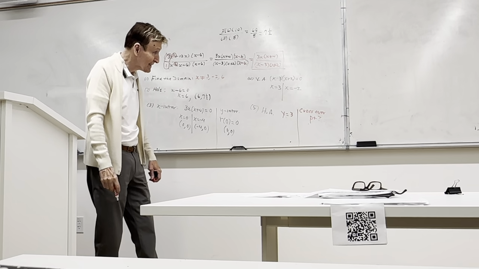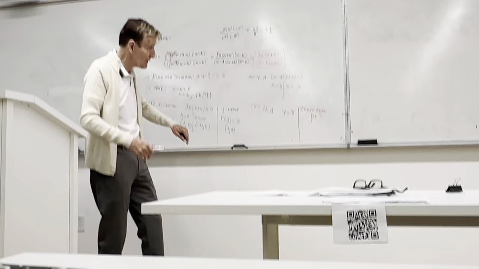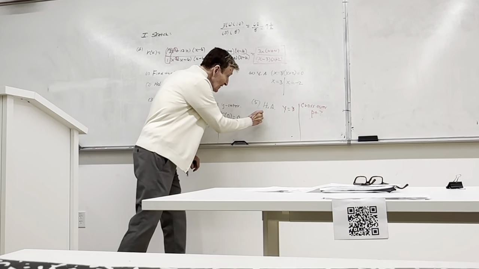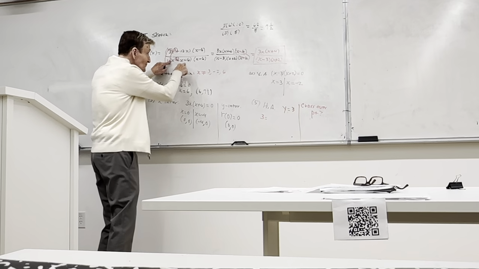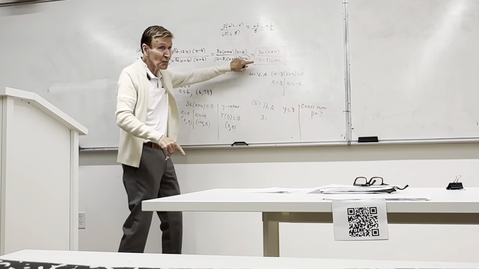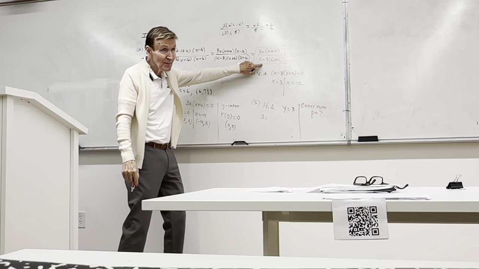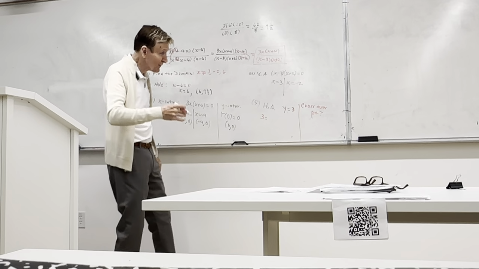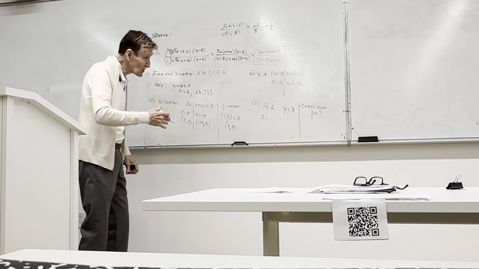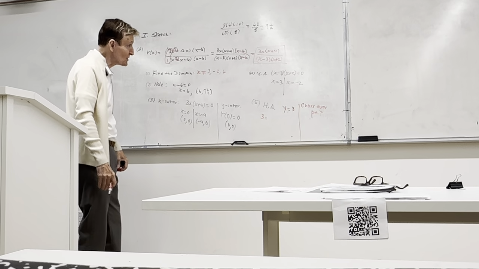Guys, to find it, if you want to find what they have in common, set the horizontal asymptote equal to this function, which might be easier, and do your math and try to find what they have in common. So set the horizontal asymptote equal to the original function, or the simplified version may be easier for you.